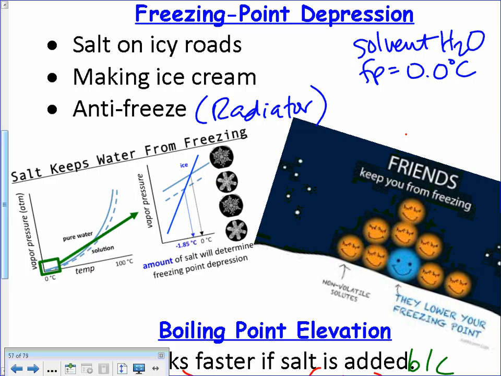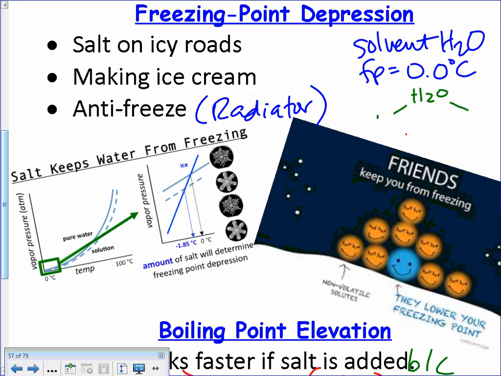So when I put salt on the roads, what happens is you guys remember how water organizes itself to form a solid? How does it freeze? It makes a shape. The hexagon, we saw it in the video with the fish. You may not have actually noticed. That one video we watched 2 days ago.